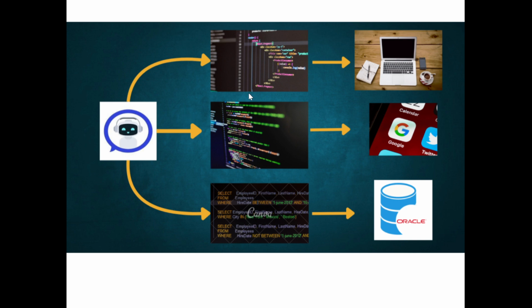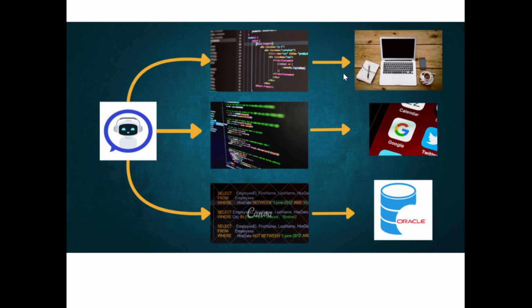For example, if I want to drop an email, I have to write different code and maintain that code in my local system. And in future, if any update comes in Gmail or anywhere else, I have to go ahead and update all these modules. So that is too much of a bottleneck. The same thing goes with Oracle or the local file system. All these codes I have to maintain.